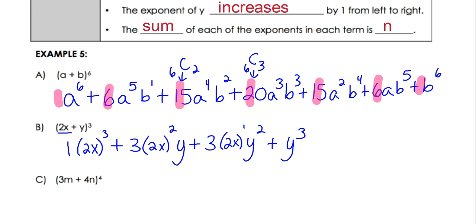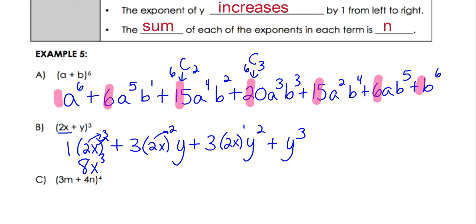So when we do 2x cubed, 2 cubed is 8. So 2 to the 3rd power here is 8 times the 1 we already had out there is 8. And then x to the 3rd power is just x to the 3rd power. So that simplifies to 8x to the 3rd, even though the original coefficient from Pascal's triangle was 1. Same thing here, 2 squared is 4.